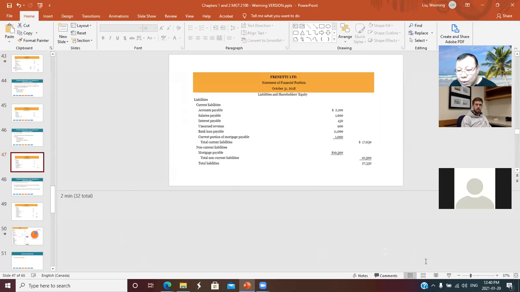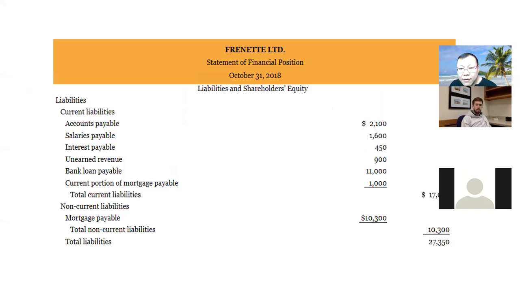Another thing I want to emphasize is that non-current liabilities could possibly have a current portion. The example I give is a mortgage. You pay monthly, or maybe bi-weekly, whatever the bank agreement is, over a long period of time, like 30 years or 25 years.